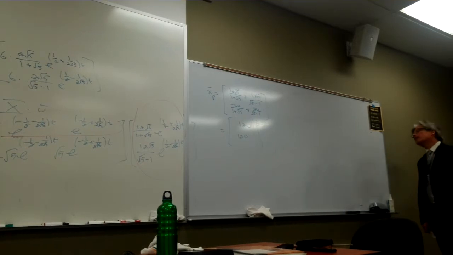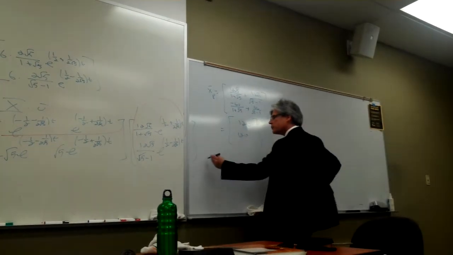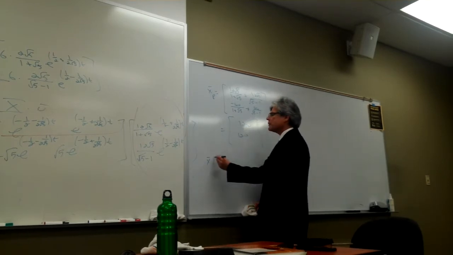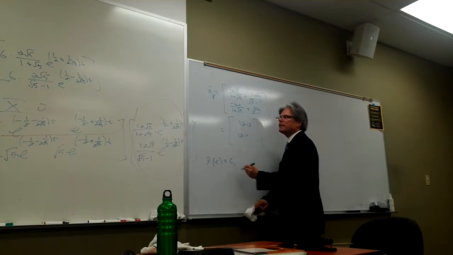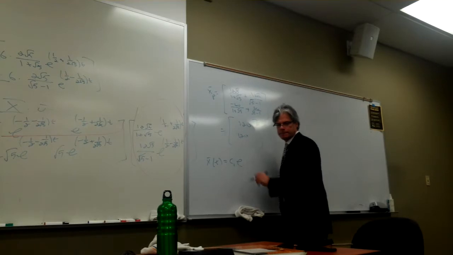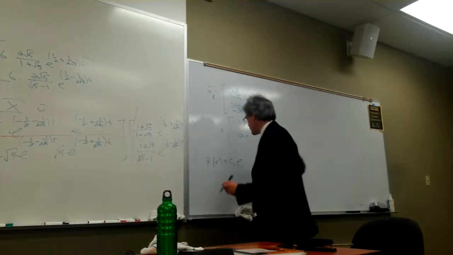And finally, I guess I can state my solution. My final solution is going to be, I misspoke, my solution is going to be c1 times some stuff. You guys, this is important, so I'll write. Is it negative 1/2 minus? So two minuses.